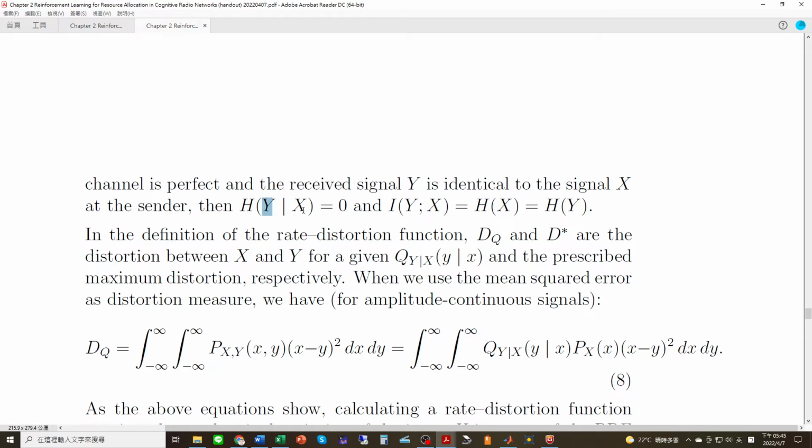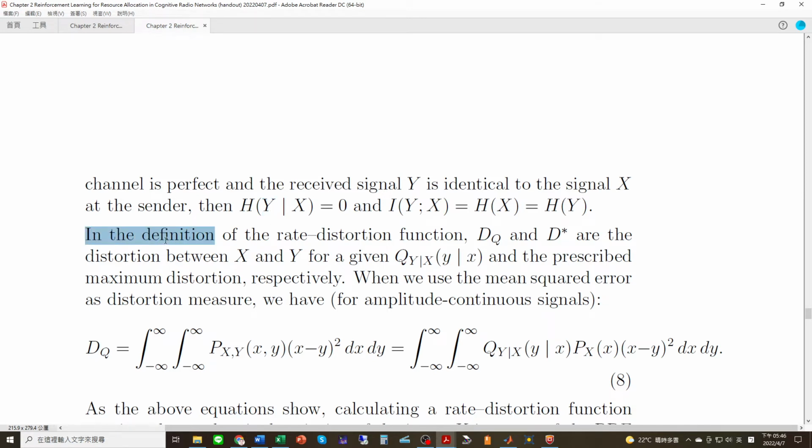So given x, the conditional entropy of y, or the conditional uncertainty or randomness of y, is equal to 0. And I of y;x, that is the mutual information between y and x, is equal to h of x, that is the entropy of x, and is equal to h of y, the entropy of y.